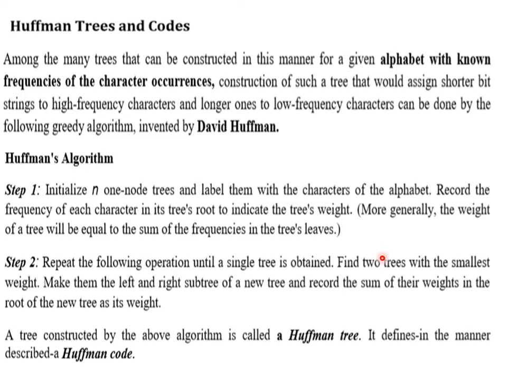These are the two leaf nodes, these are two characters, and each character is associated with one frequency weight. So the frequency of the root is equal to the sum of the frequencies of the left and right child.